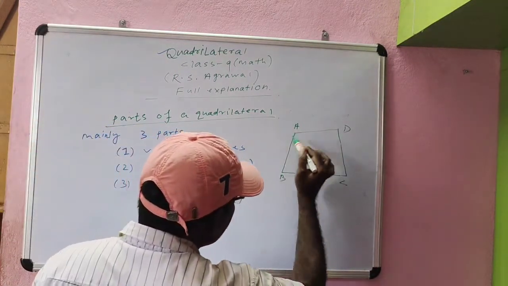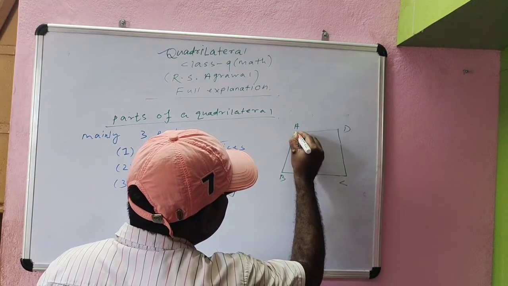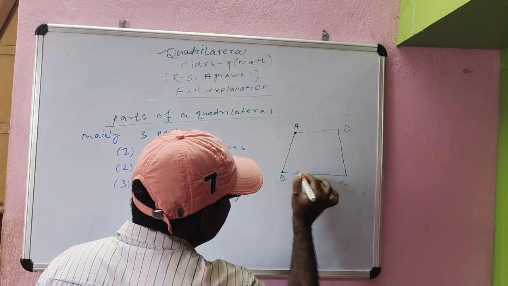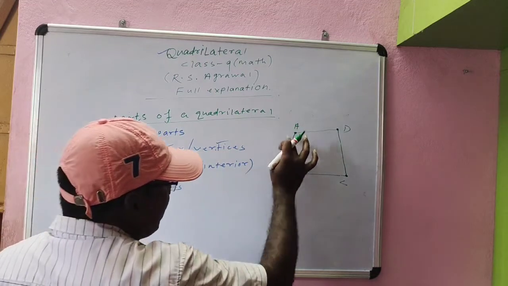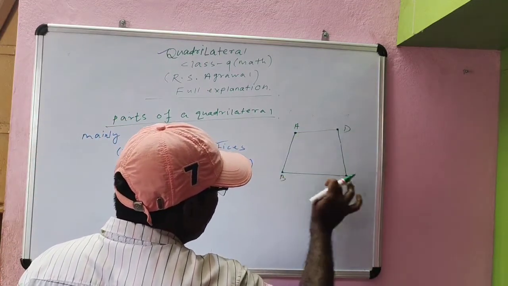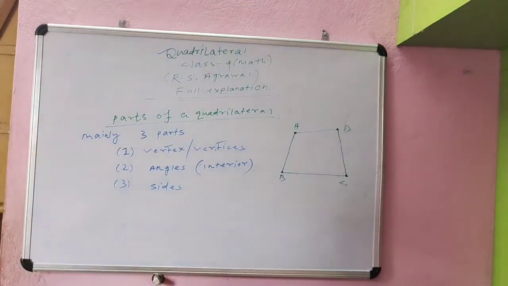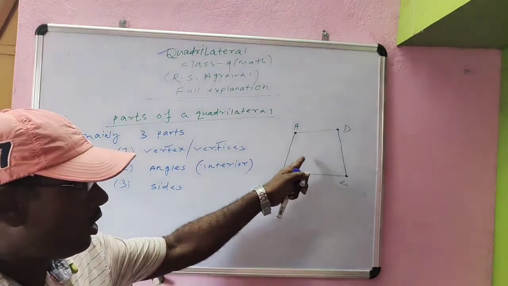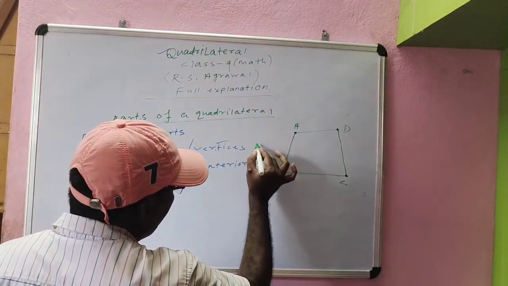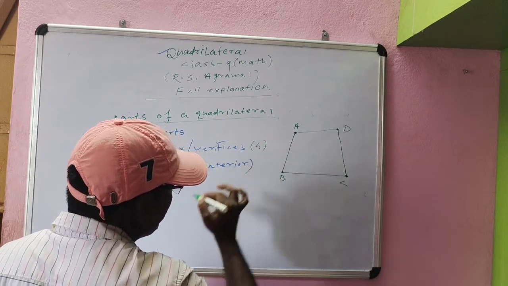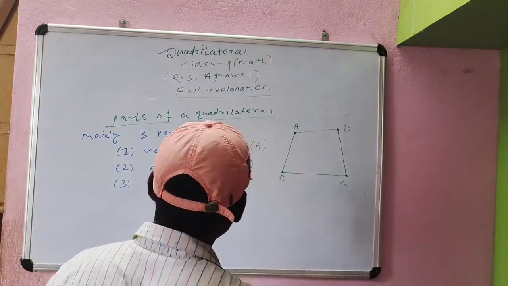In this quadrilateral, there are four vertices: A, B, C, D. These 4 points are called the four vertices of this quadrilateral. So there are totally 4 vertices in a quadrilateral: A, B, C, and D.